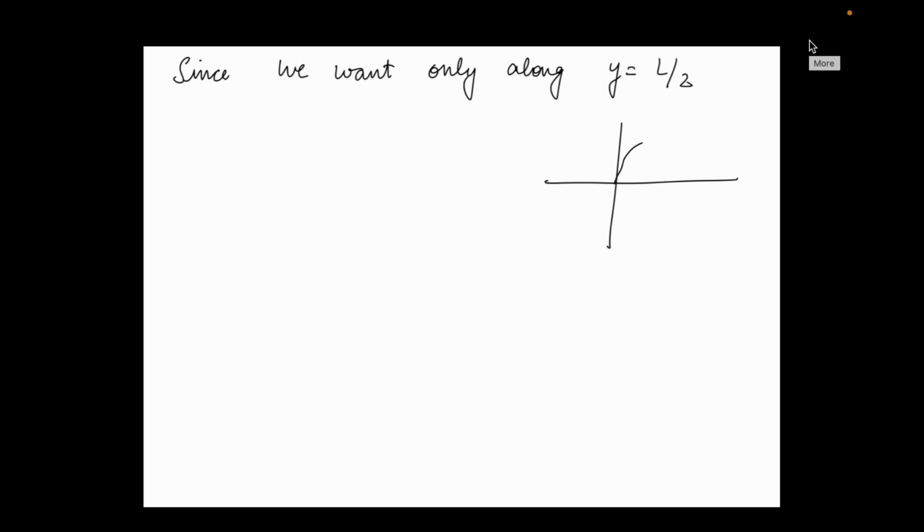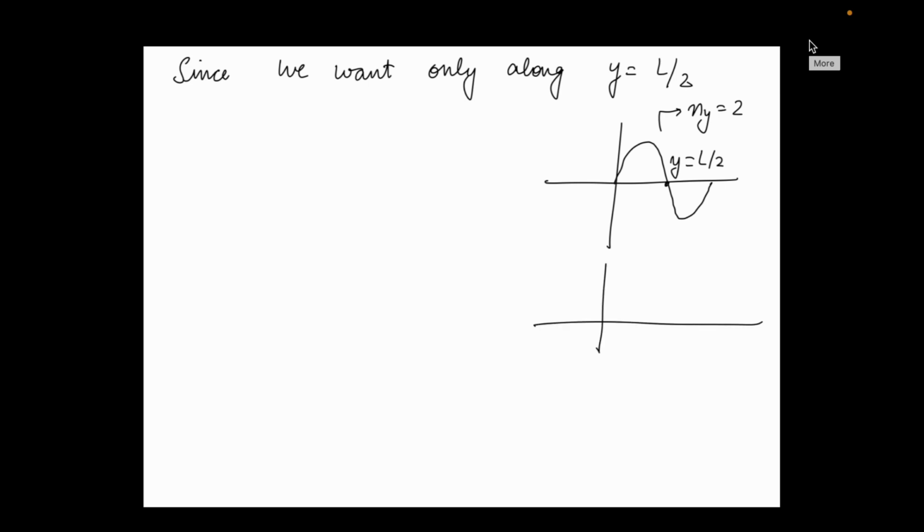But since we want it only along y equal to L by 2, the solution should be like this. This is y equal to L by 2, and this is for ny equal to 2.